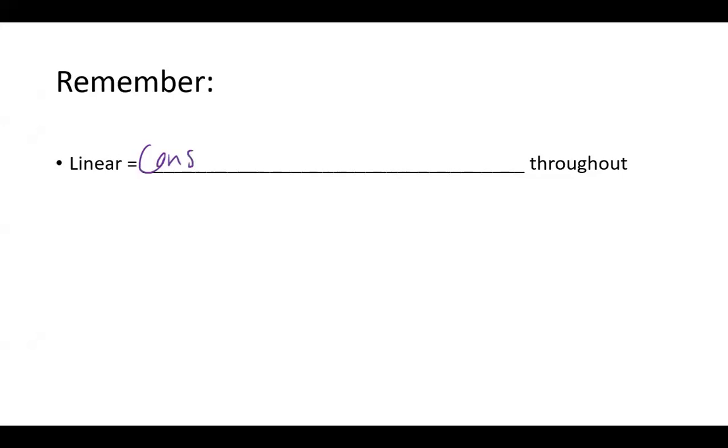Okay, so key things I want you to remember, coming from Algebra 1. Linear is always going to have what? A linear model is going to always have a constant rate of change. Okay, it's going to be this constant rate of change throughout.